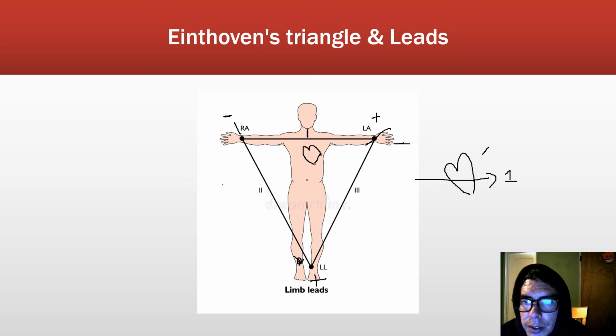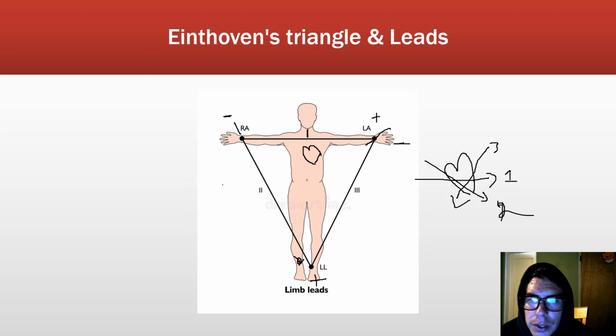So lead 1 kind of looks that way. Then we have that, which is lead 3, and then we have kind of that view, which is lead 4, or I'm sorry, okay, let's try this again. So this is lead 1, lead 3, and this is actually lead 2.